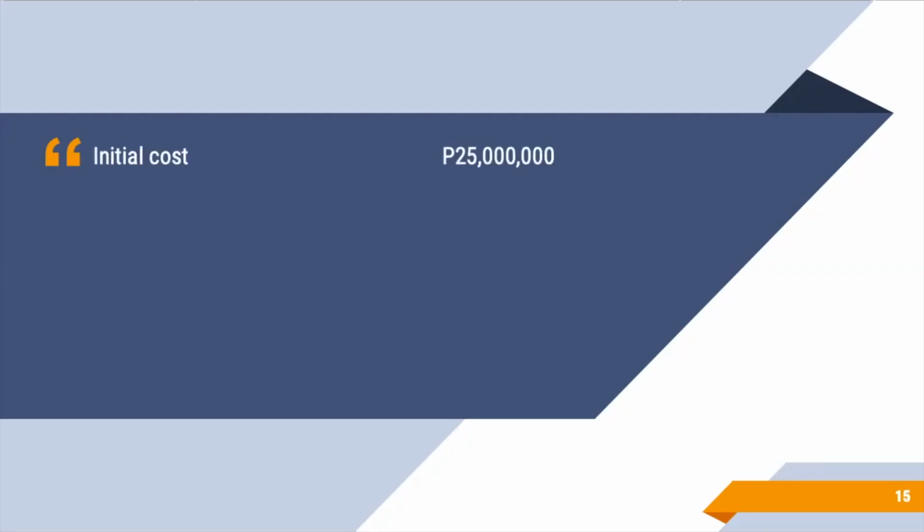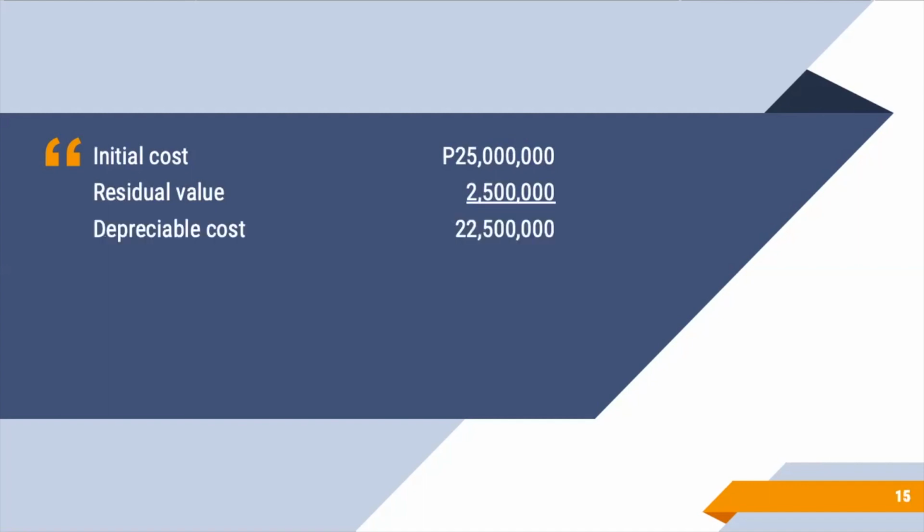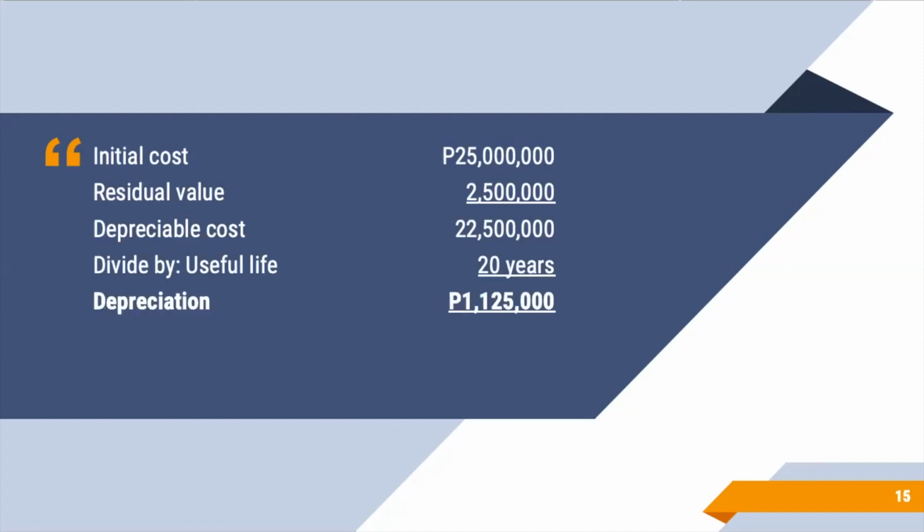So first, we will need to compute for the carrying amount. The initial cost is 25 million. The residual value is 10%, which is 2,500,000. So the depreciable cost is 22,500,000. The original useful life is 20 years, meaning the depreciation every year is 1,125,000 pesos.